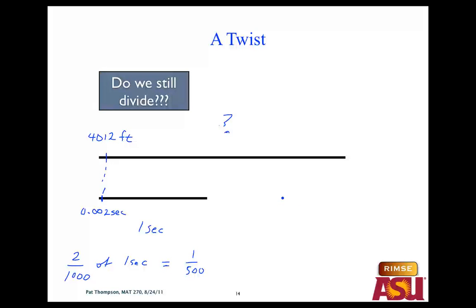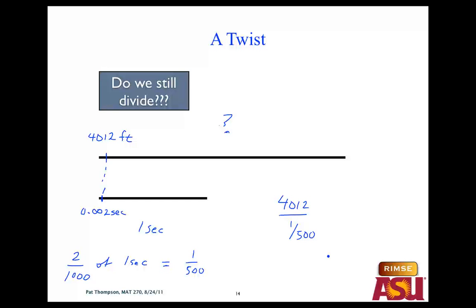So I heard you say you're going to take the 4012 and do what? Divide by the 1 500th. Okay, that's right, but it's kind of hard to grasp. So what's an easier way to grasp it? What's your name? Peter. Just multiply by 500. Can you explain why? Because you don't have a compound fraction, and it shows the logic of how you got there.